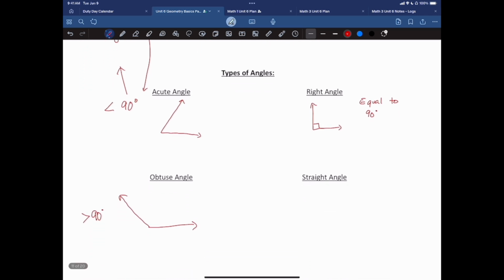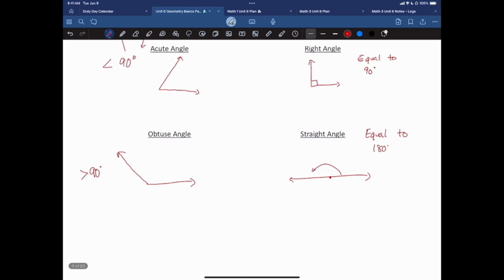The last one is a straight angle. Imagine if I had my point here, it's going to be equal to 180 degrees. There's your 4 types of angles.